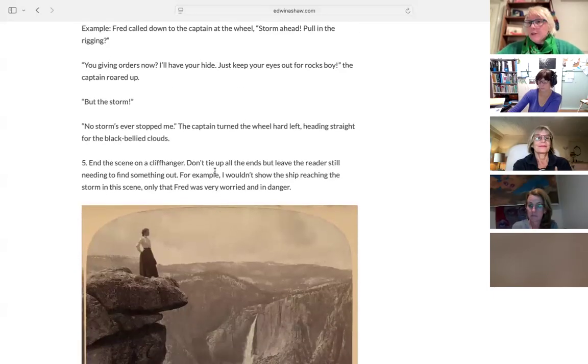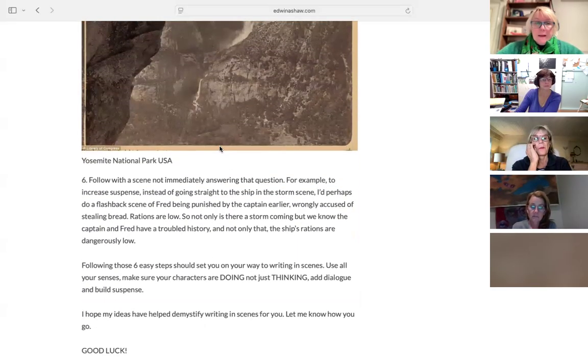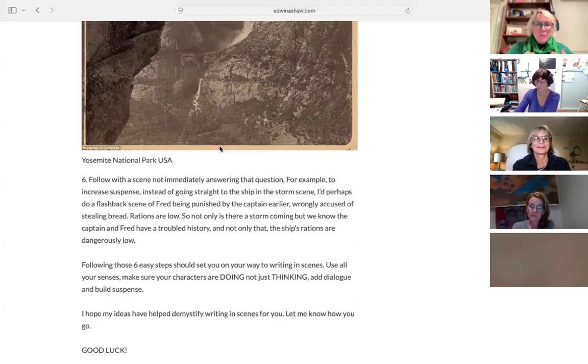And then we want to end on a cliffhanger, just as Kerstin's scene ended, without the decision being made. So I wouldn't show the ship reaching the storm in the scene, only that Fred was very worried and in danger. And then we follow with a scene that doesn't answer it. So we just keep pushing them on.